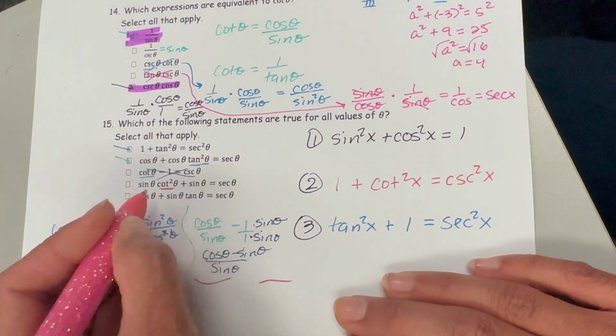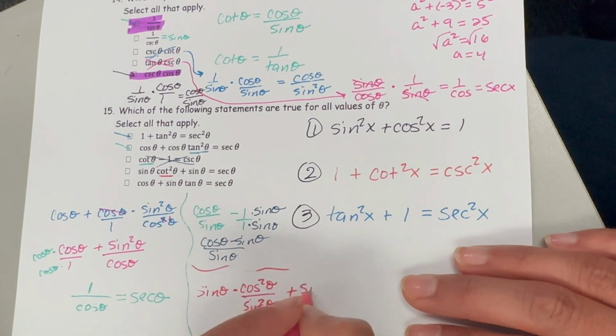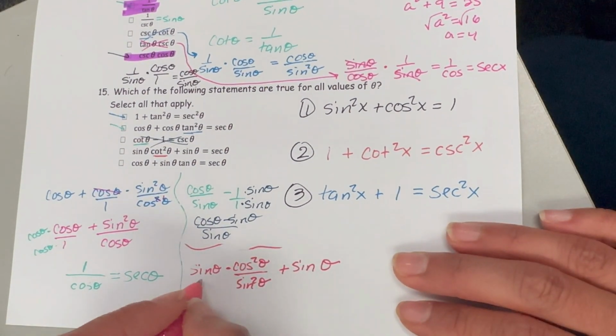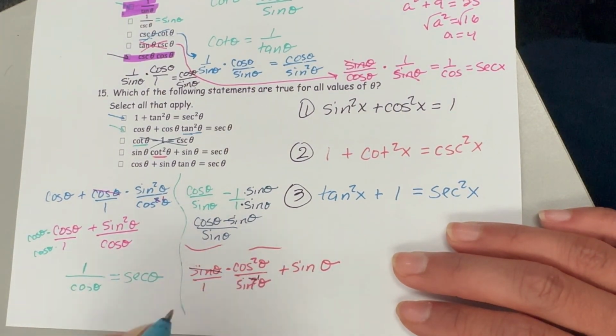So I'm going to switch out the cotangent squared theta, and we need to see if this equals secant theta. So sine theta times cosine squared over sine squared, because the cotangent is squared, plus sine theta. And I see that one of those sines is going to cancel, just one of them, and so I will have cosine squared over sine plus sine.